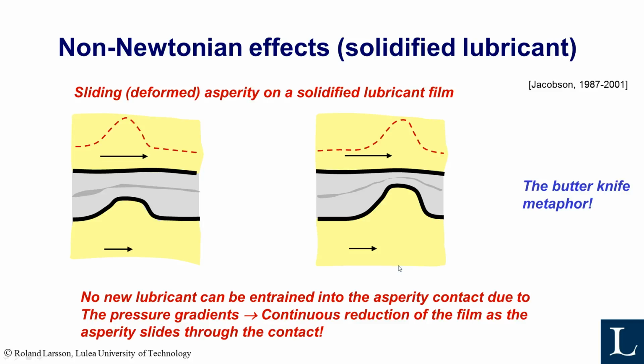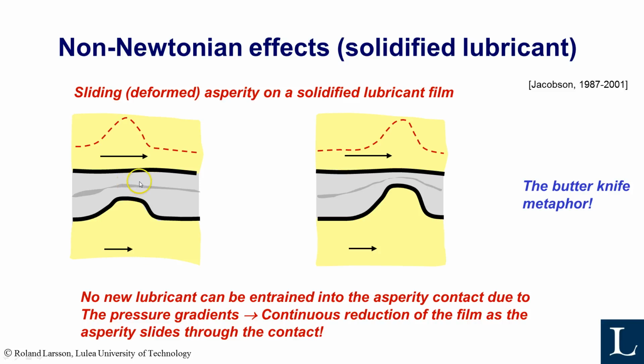Another way to explain it was given by Bo Jacobson, formerly a professor here at Luleå University. He saw it like this: if an asperity enters the contact, it will capture some lubricant. It will create a high pressure, and this high pressure will keep the lubricant inside the contact, but since the pressure is highest here, no new lubricant can really be brought into the contact.